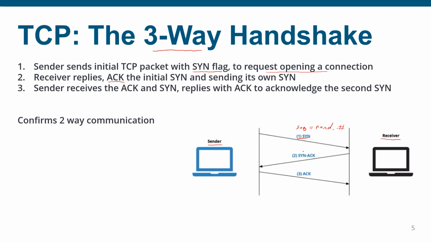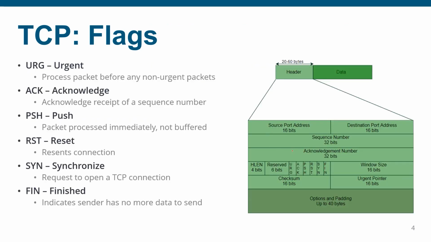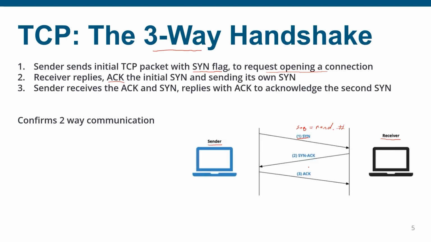And back here, the acknowledgement number would then be set equal to that sequence number, and the acknowledgement flag would be set in that reply. And the receiver will also look to open its own connection, to reply with a SYN ACK, a synchronize request and an acknowledgement.